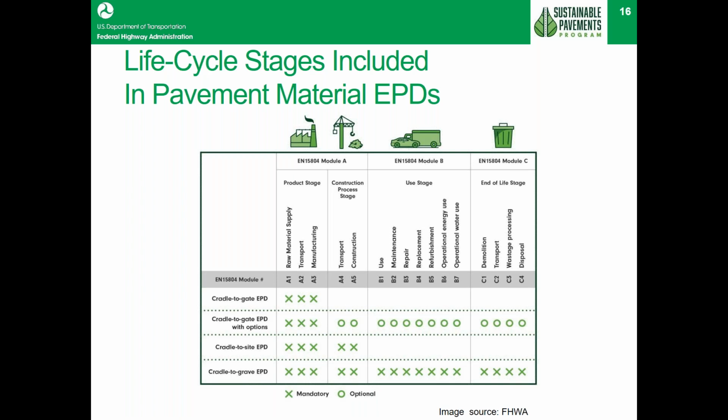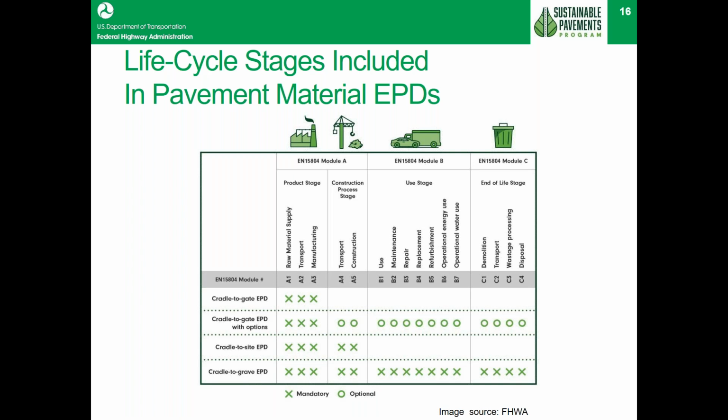One level is cradle to gate analysis, which would cover essentially elements of the creation of the product itself, from the actual extraction of raw materials up to the gate of the manufacturing site. So hence the cradle to gate nomenclature. But this is all before you actually get to the paving site.